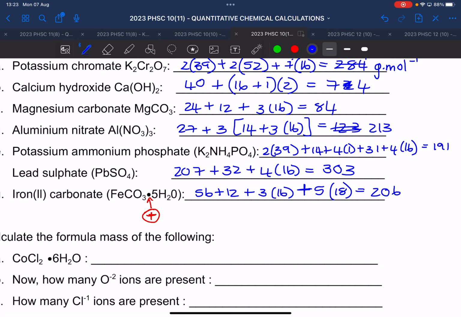Grams per mole. What does the word per mean? Divide by. So it's grams divided by mole. Grams per mole.